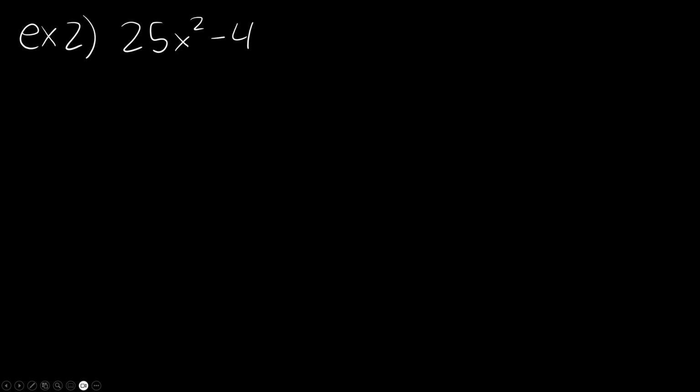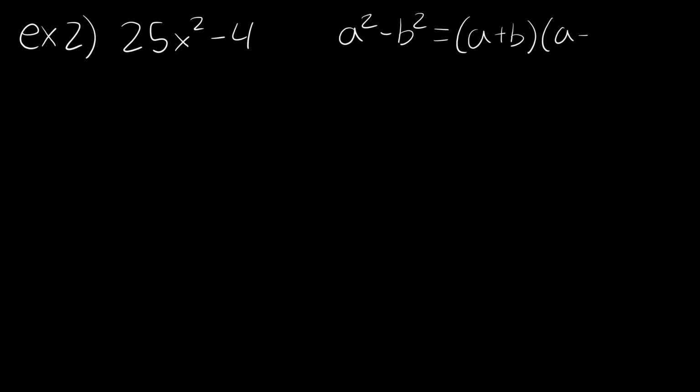Example 2, we have 25x squared minus 4. So our formula, a squared minus b squared equals a plus b times a minus b. So in this example, 25 we could write as 5 squared times x squared, minus b squared, which negative 4 can be written as negative 2 squared.